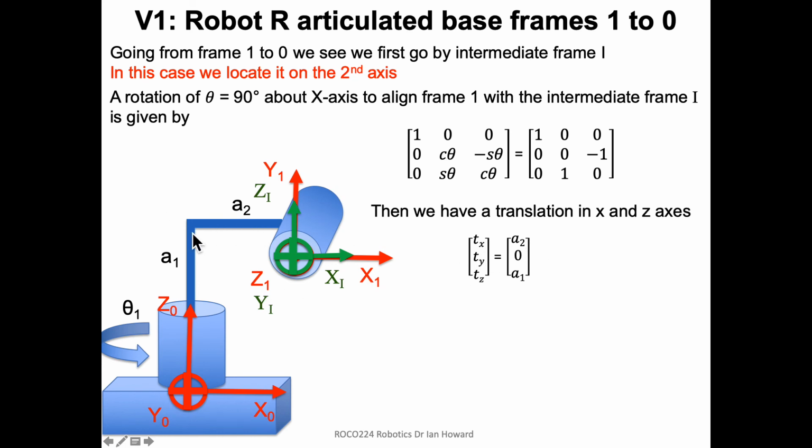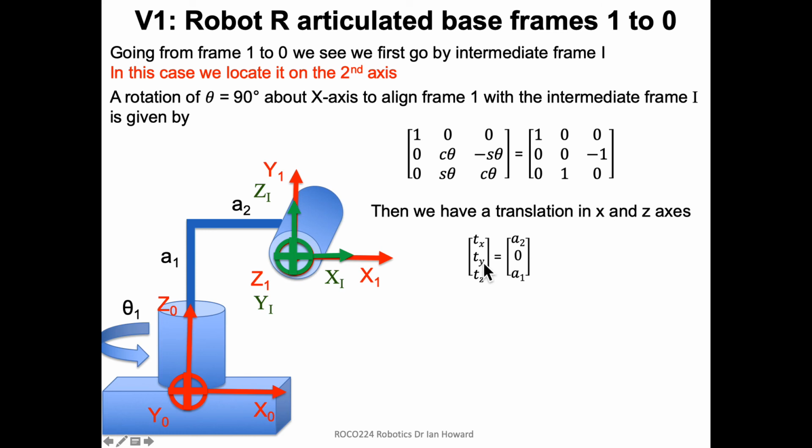But this, the A1, don't forget, it's then moved. We've already aligned the frames, and now we're moving down this little green ZI frame direction. So we're actually moving along the z-axis, right? So this is going to be along the z-axis.